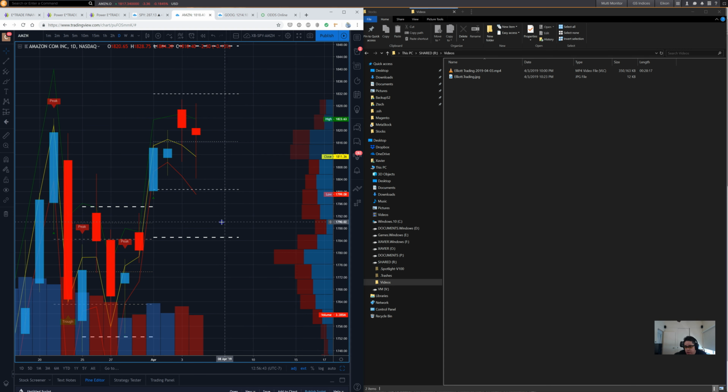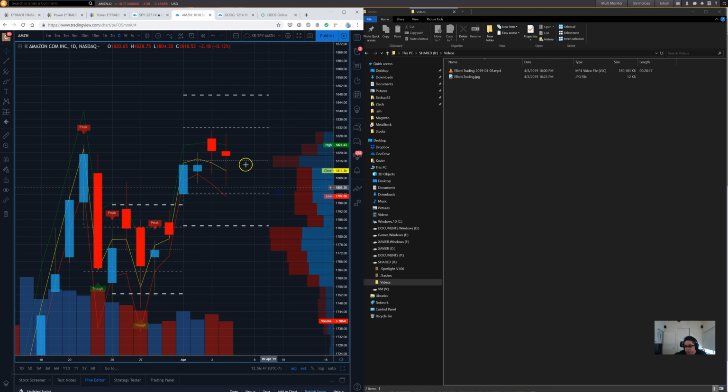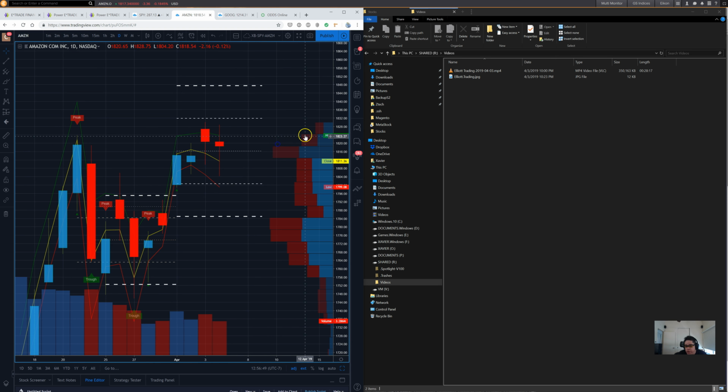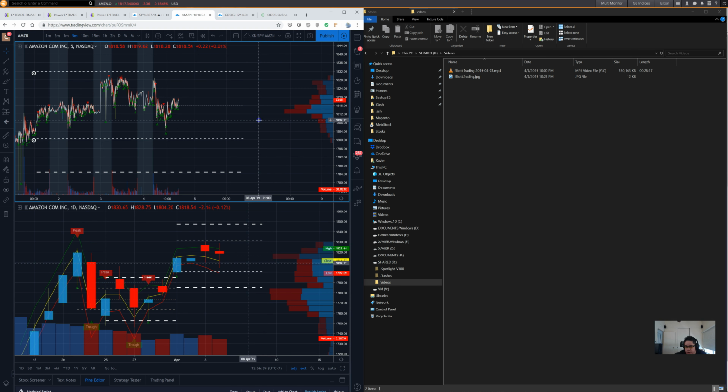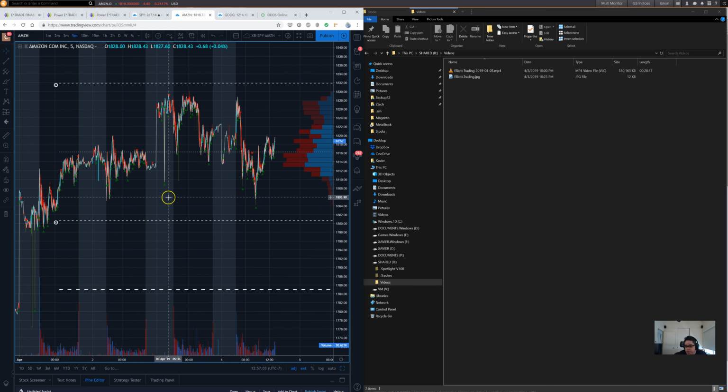We could expect a really bad day tomorrow, but I believe Amazon is going to, according to the Elliott forecast, close between 1,823 and 1,799. I like trading with 2 time frames just to have a different set of indicators here.